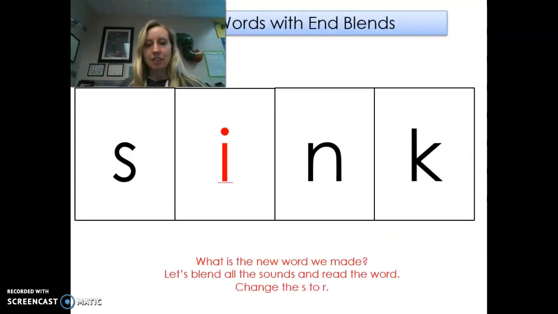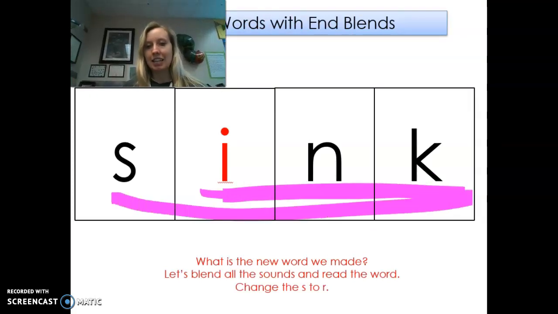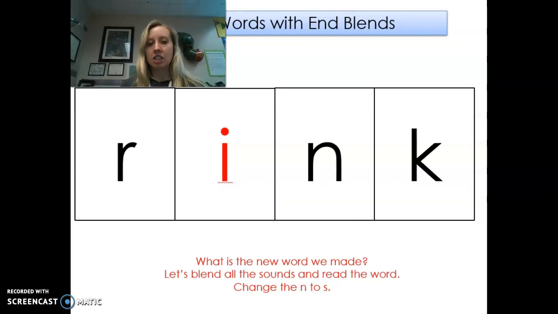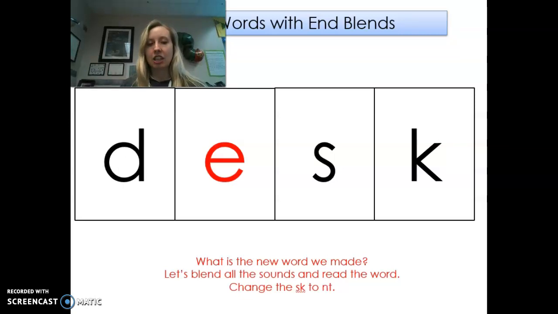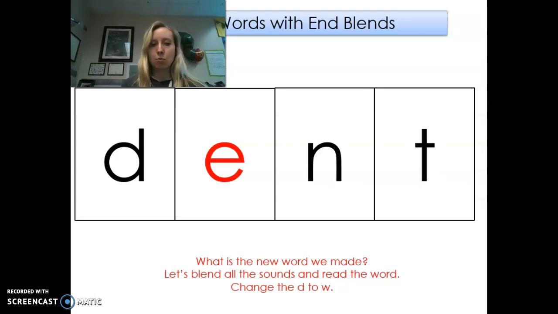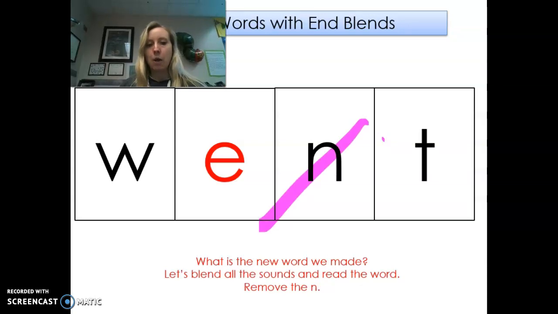Okay, let's read this word. Oh, there's my ink. It's not sink, it's sink. Change the s to r, rink. Change the n to s, risk. Change the r to d, disc. Change the i to e, desk. Change the sk to nt, dent. Change the d to w, went. Get rid of the n, wet.